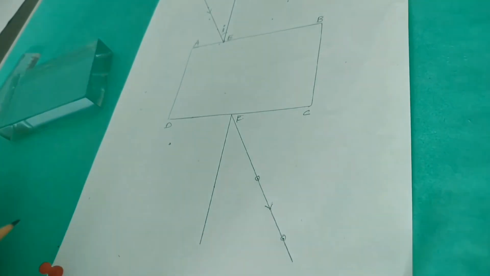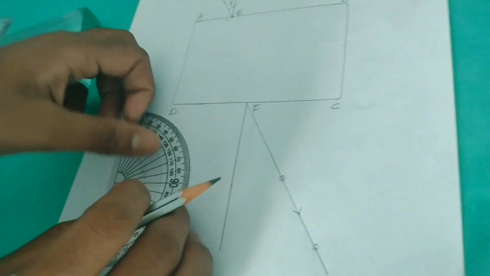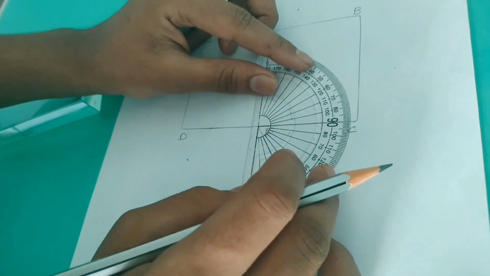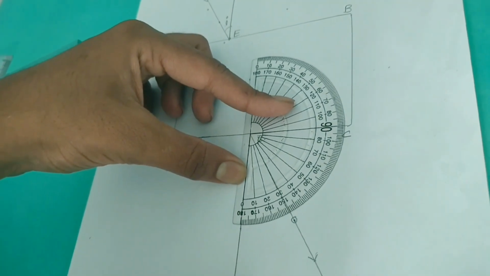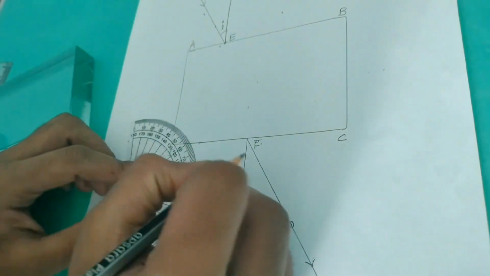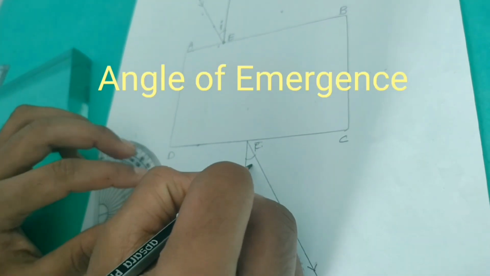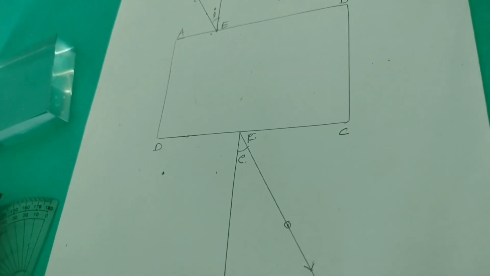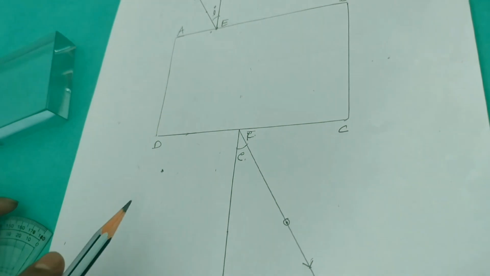Measure the angle between the emergent ray and the normal with the help of a protractor. This is called the angle of emergence. This angle will be almost equal to the angle of incidence.